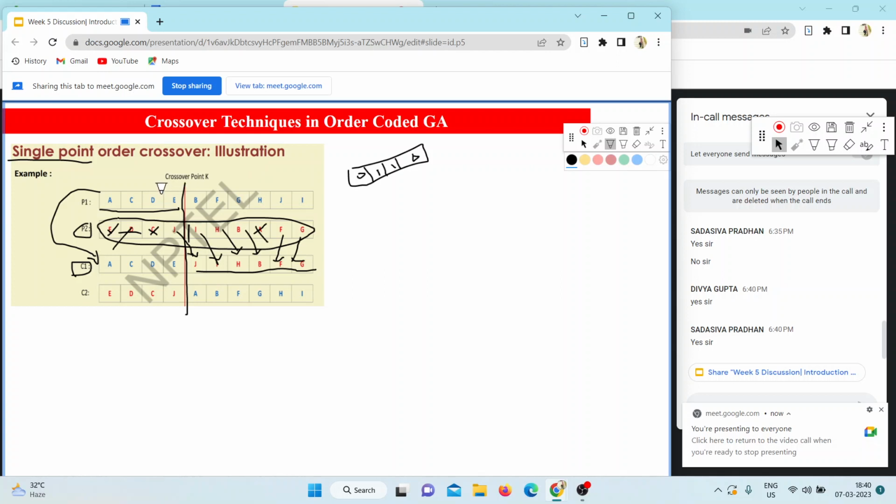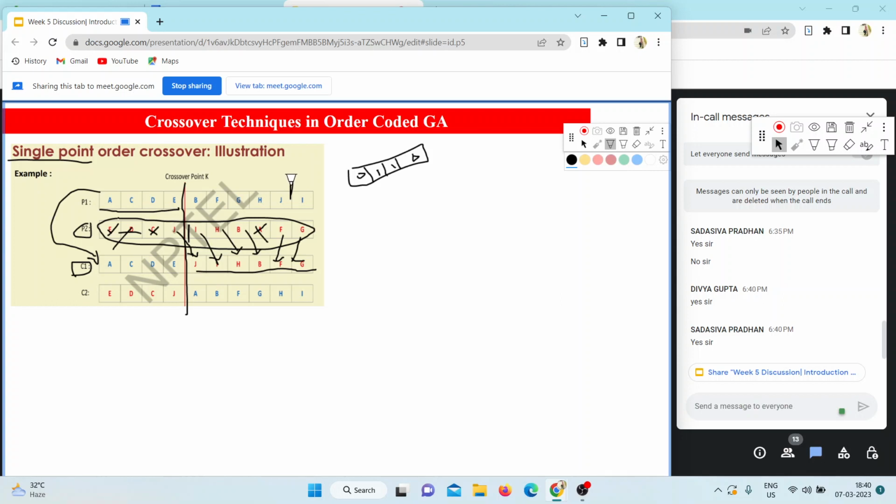Normally, you should not choose here, because if you choose here, all your bits will be copied here, so the uniformity will be more. We want the uniformity to be neither very much nor very little, so we generally choose in between. Here we have chosen the fourth position.